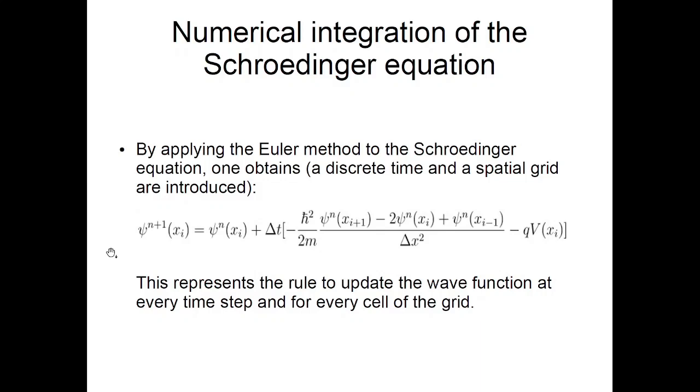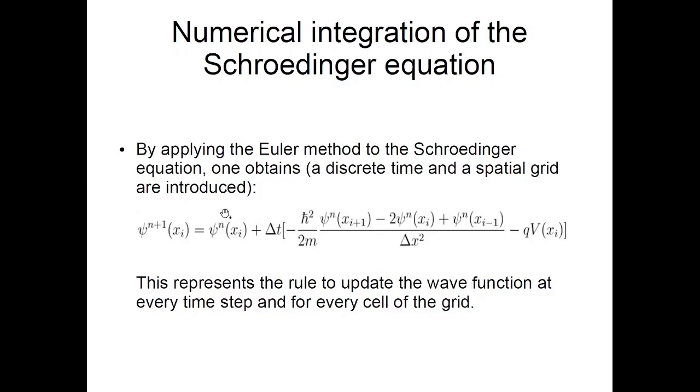This is going to represent the rule to update the wave function at every time step and for every cell of the grid. So when we write n here, we mean the discrete variable which represents the time steps.